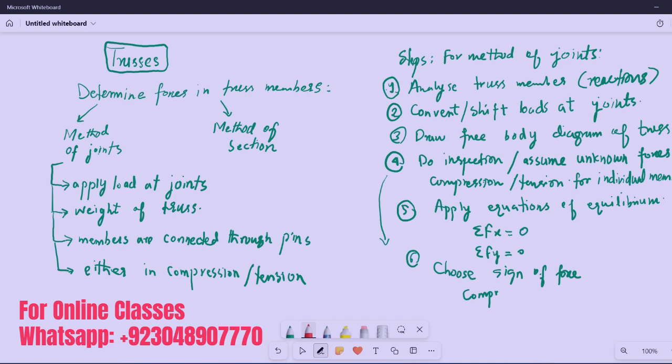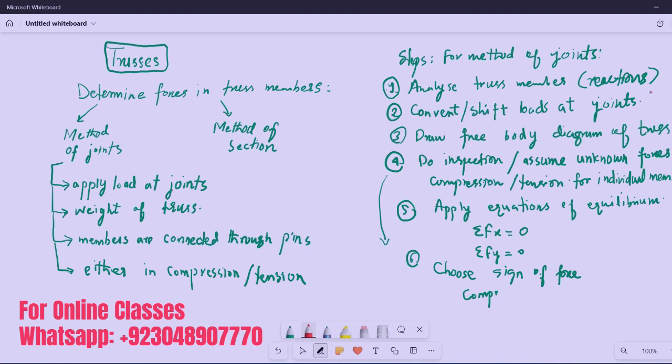So in answers, sometimes you're getting a negative number, sometimes a positive number. If you are getting a positive number, then you say that it is in tension. Earlier you had made an assumption, right?